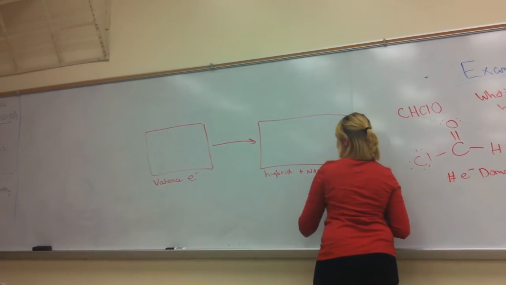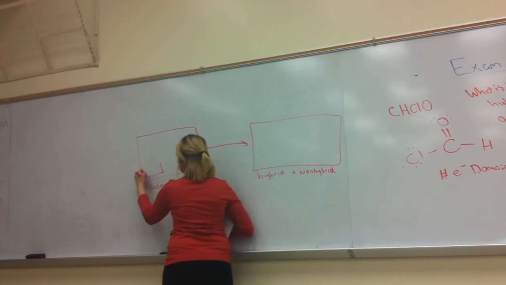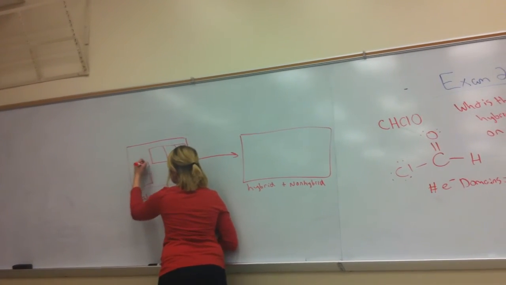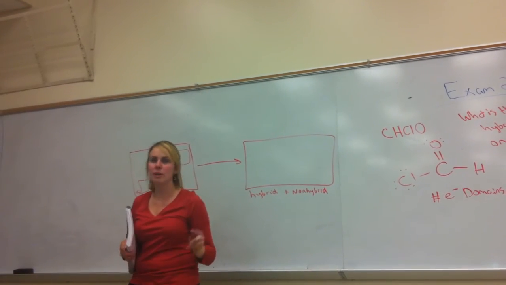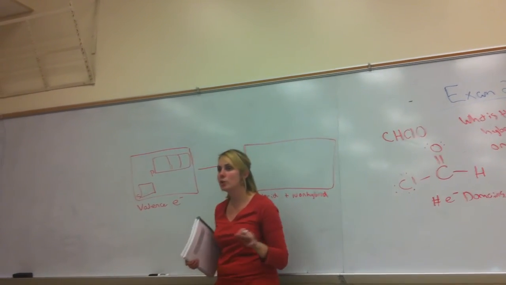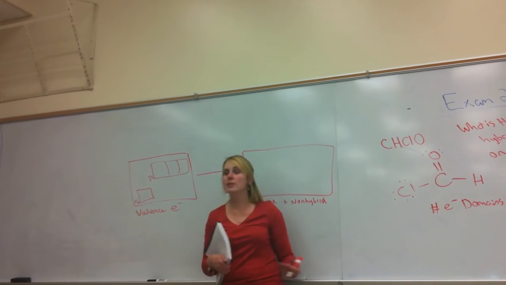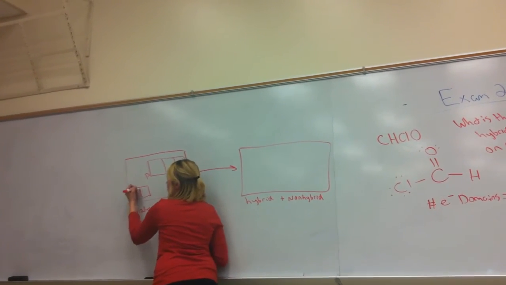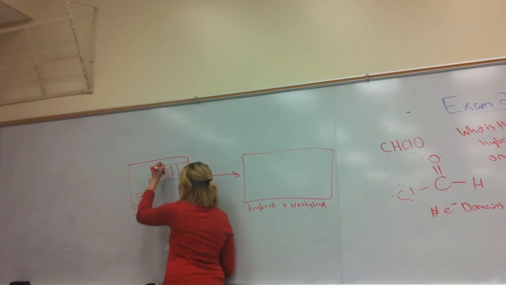Again, this is never going to change. This is just the valence electrons on carbon. We know that's always going to be those outer s and p electrons, whatever's on the top of the top, not including 1s2. Carbon has 4, so I'm just going to go 1, 2, 3, 4.